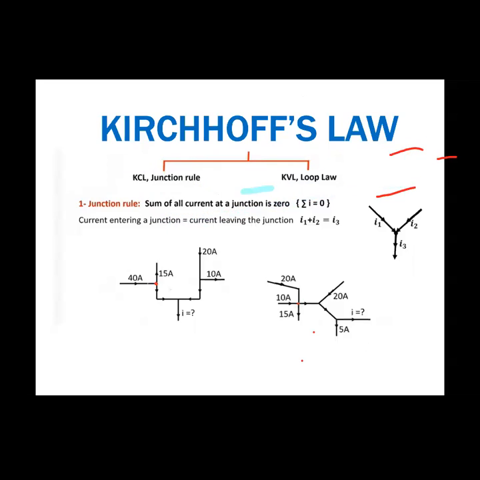For example, if we consider over here I1 current is coming, here I2 current is coming, and here I3 current is moving. So these are your directions. So here can you say that I1 plus I2 equals to I3? Because I1 और I2 मिला के ही तो I3 बन रहा है, they are moving together, right?